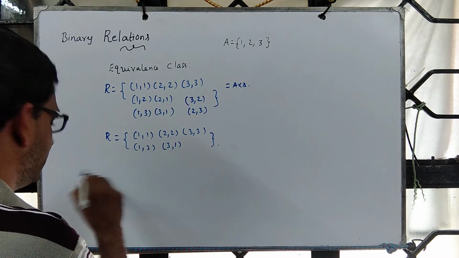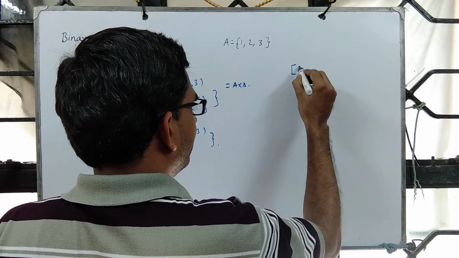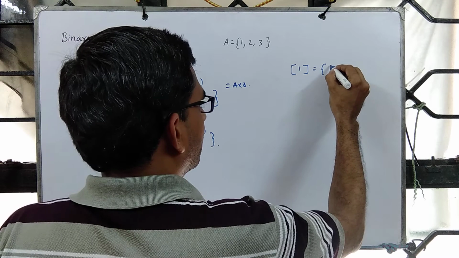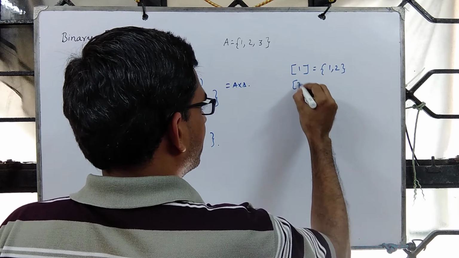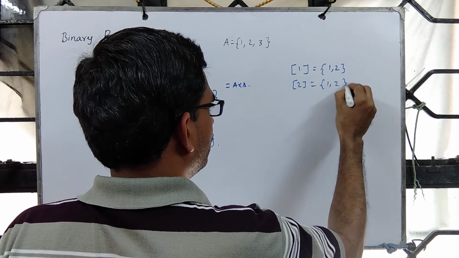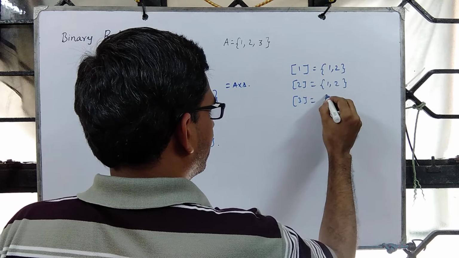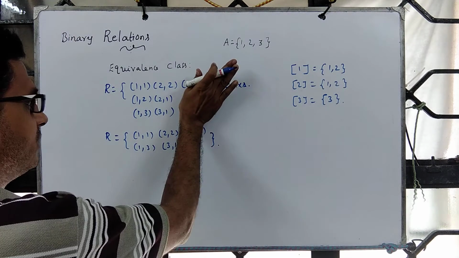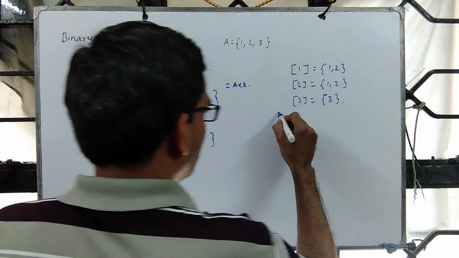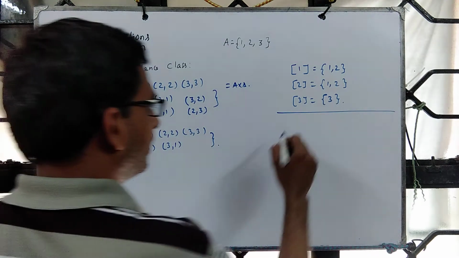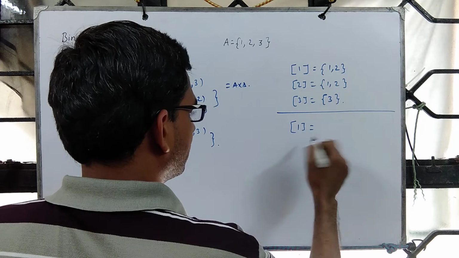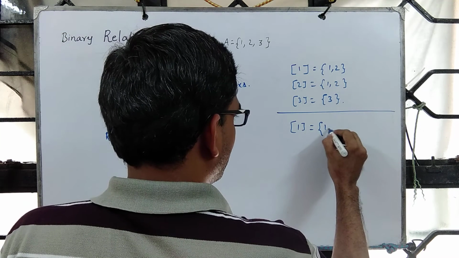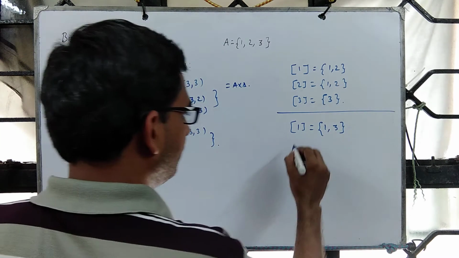But when we add this, the idea is this: you have an equivalence class. This was having 1, 2. Because of that, this was also having 1, 2. And because of (3,3), we were having just 3 here. But if you just focus on this, then the idea is to have an equivalence relation, subsequently equivalence classes, something of this form. So something like {1, 3}.